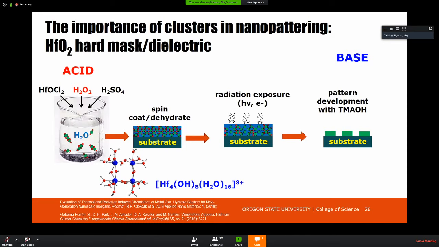So this is a picture that was taken by Greg's group in a publication in 2014. This is a TEM image of patterned hafnium oxide. And this feature shown here is about 10 nanometers in diameter. The clusters are 1 nanometer in diameter, so they're small and they're all the same size.